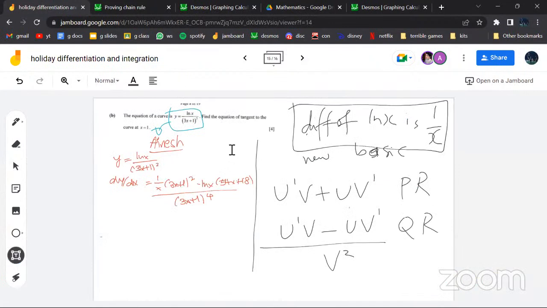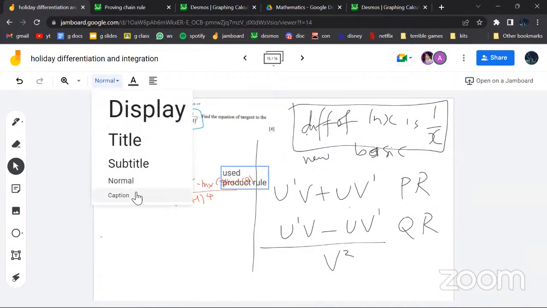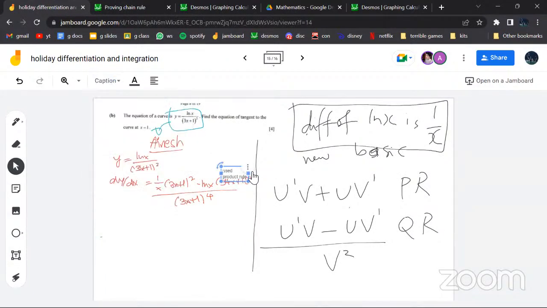Repeat after me. The second step is basic. You can differentiate because then it looks basic. The third step is times U prime. Okay, what's the first step?